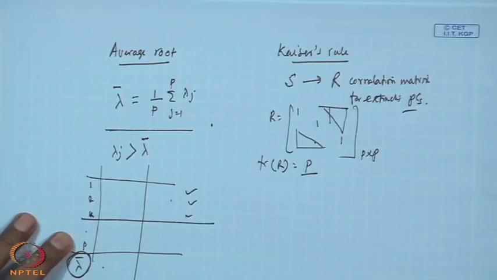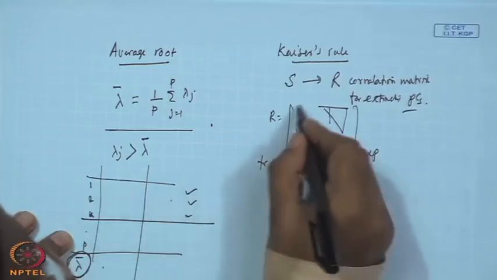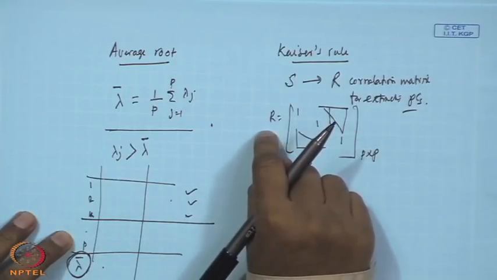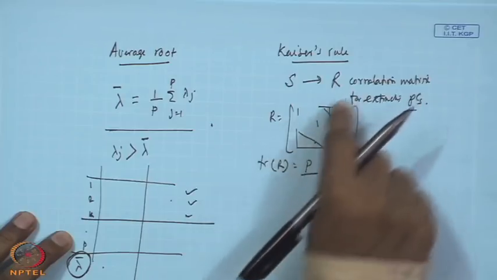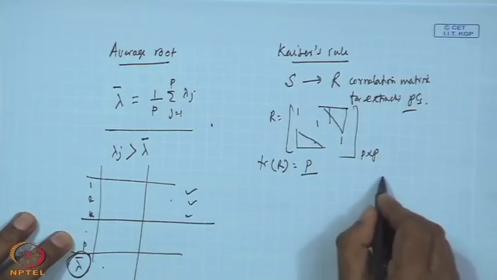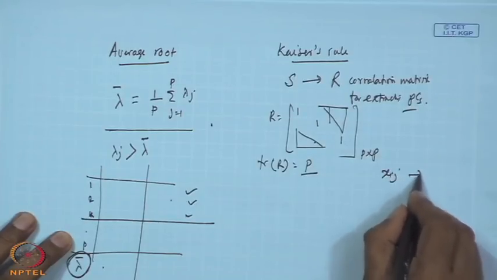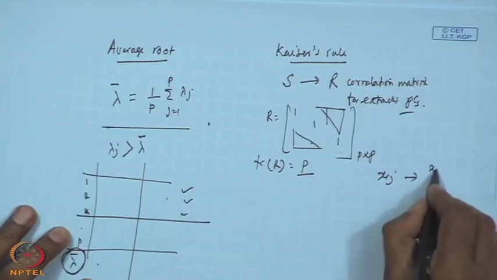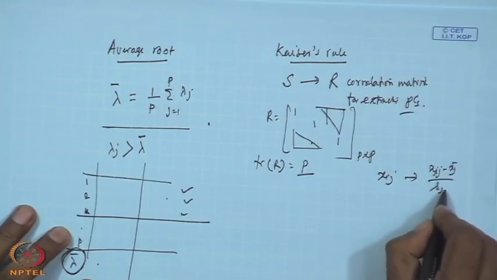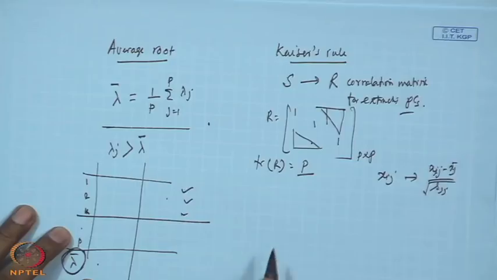Now, what is each variable's variability when you go for standardized variables? When you use the correlation matrix, what you are actually doing is transforming xij to xij minus xj bar divided by the square root of sjj.